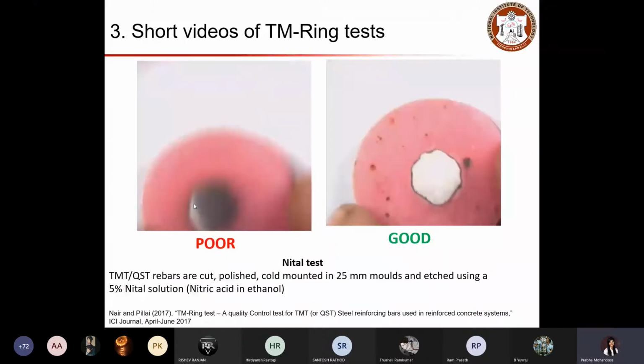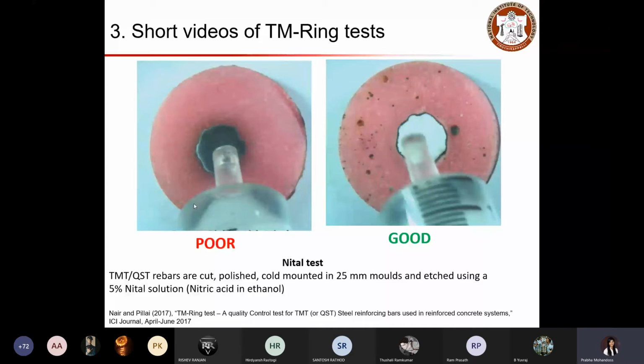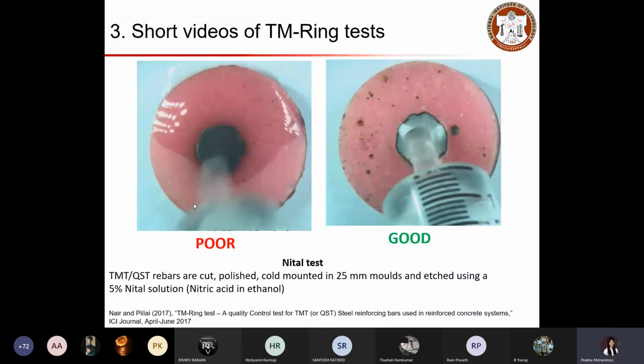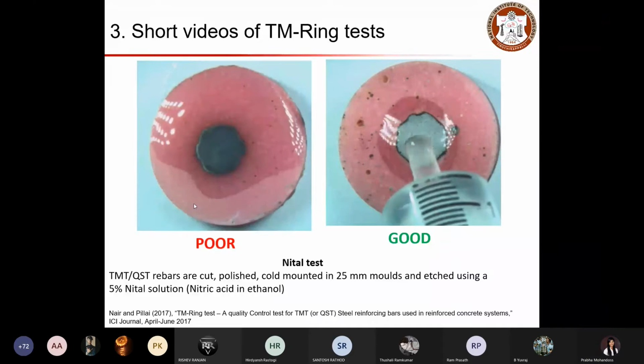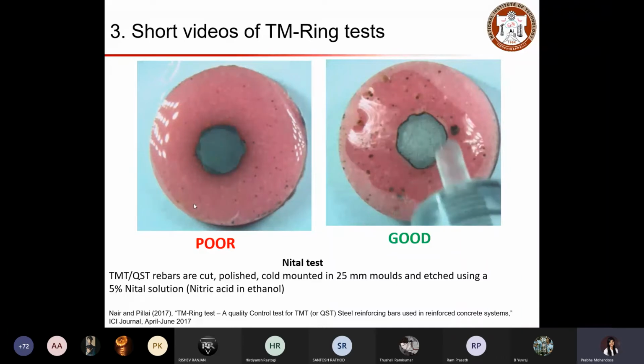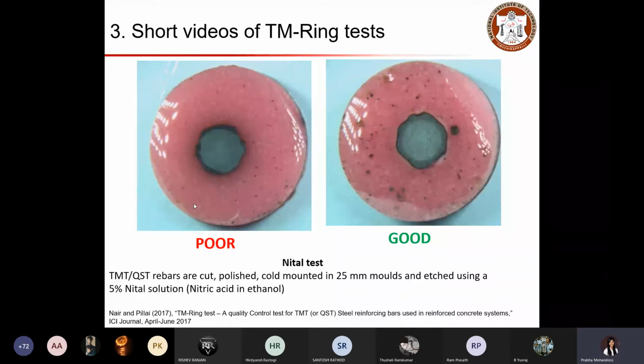So here you can see the sample preparation. You have good and poor quality rebar kept inside, and now you are pouring the nital solution. The nital solution is going to etch the steel surface, and you can see the color of the rebar surface starting to change.